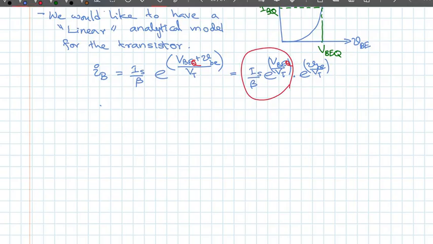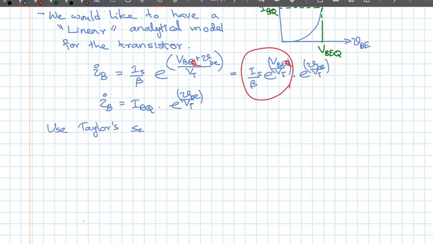So this is nothing but IBQ times e to the power vbe over VT. Okay, this is what you have, right? Now this is still not a linear relationship. So what I'm going to do is I'm going to use Taylor series expansion to expand this.